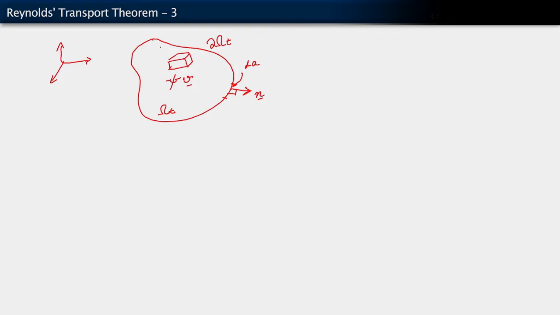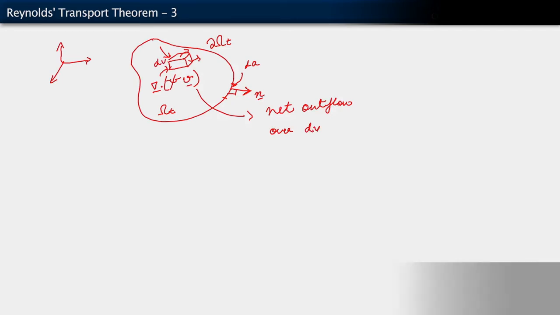If you have the vector coming in here and leaving from other surfaces, the divergence of psi v is the net outflow over every volume element dv, the little pillbox there.